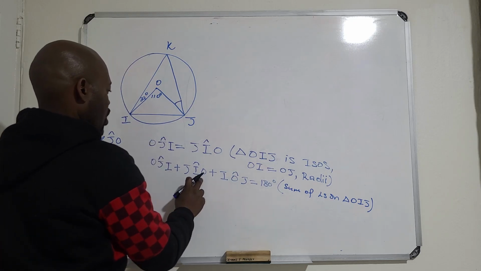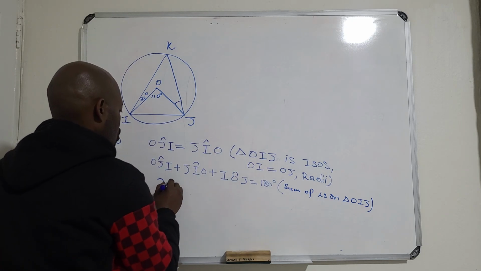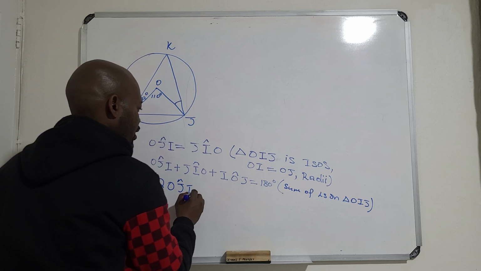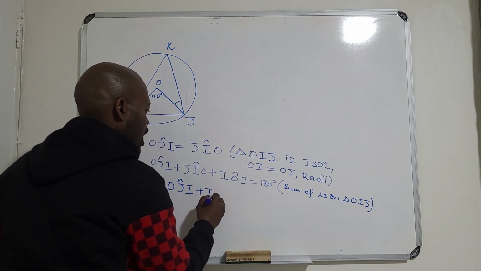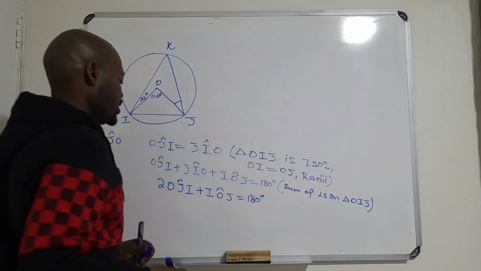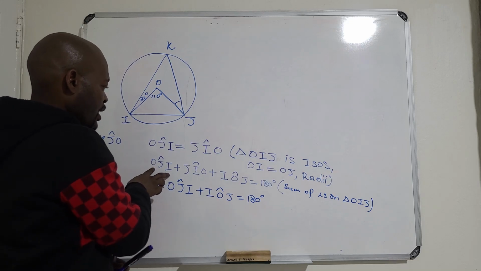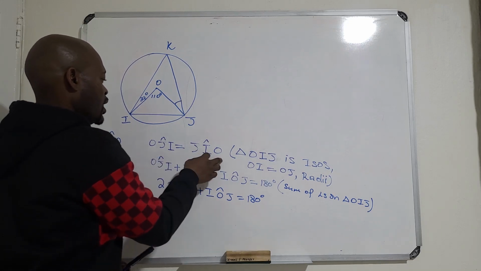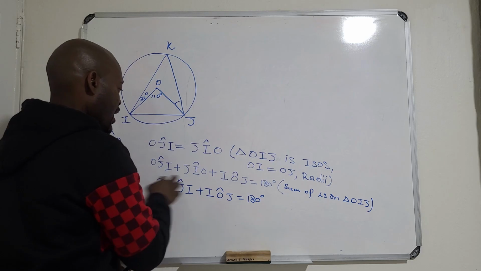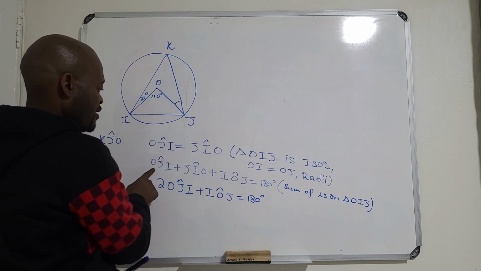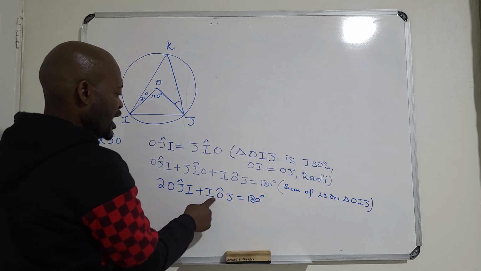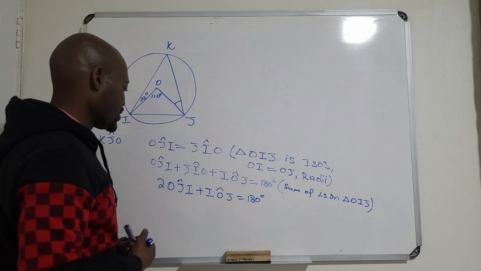Here and here, they are equal. Therefore, we're going to have 2 angle OJI plus angle IOJ, which is equal to 180 degrees. Here, I substituted since they are equal. So where I see that, here I put him. That is why we have 2 angle OJI plus angle IOJ equals 180 degrees.